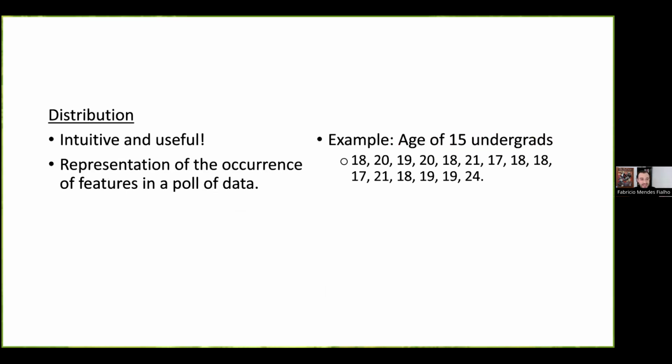The next concept is the idea of distribution. This idea is very intuitive and useful, and it can be simply defined as: a distribution is a representation of the occurrence of certain features in a pool of data. Usually we use graphic devices and plots to represent distributions, because it's much easier to transmit the idea of how all the data we have follow certain patterns or others.